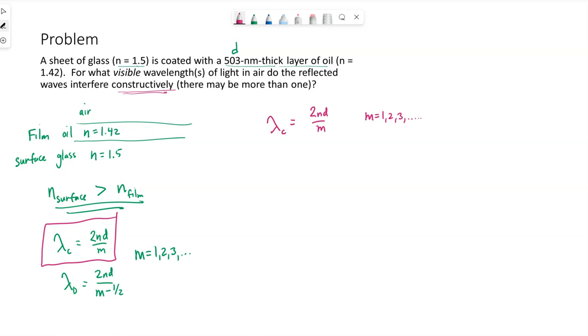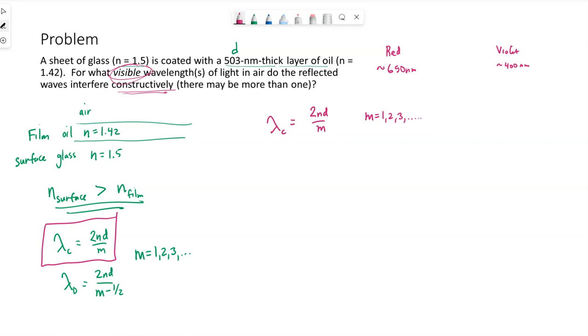This is specifically asking us about the visible wavelengths. I don't know those off the top of my head. So on page 2, we have the table at the bottom of the page that tells us that red is approximately 650 nanometers and violet is approximately 400.